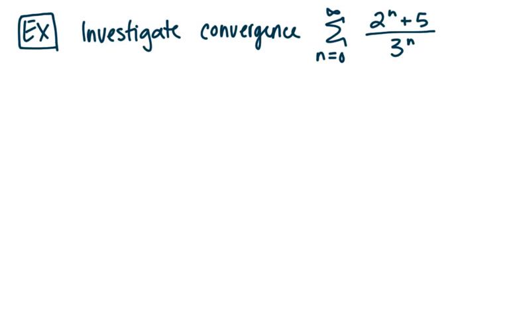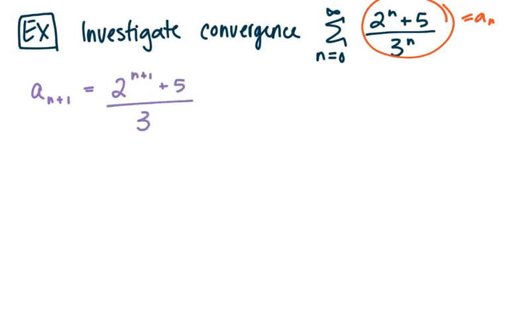And we know what the nth term looks like. This is going to be my a sub n. But what does a sub n plus 1 look like? Okay, so a sub n plus 1, the term following that, would be 2 to the n plus 1 plus 5 over 3 to the n plus 1.